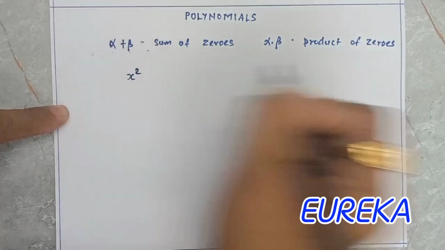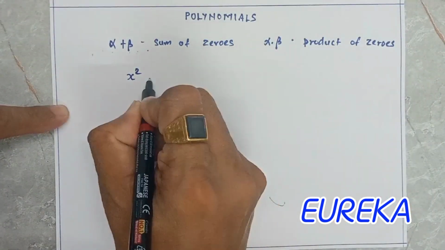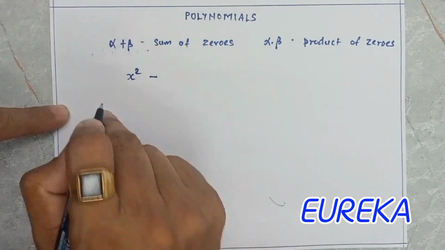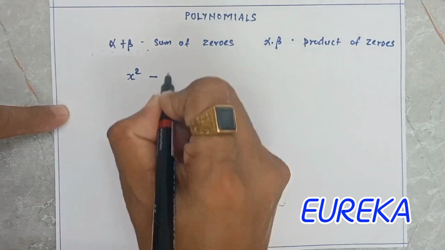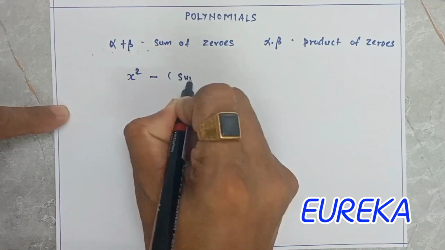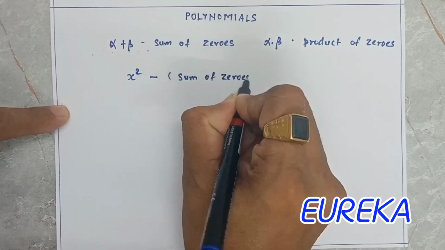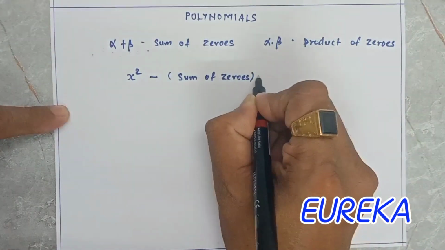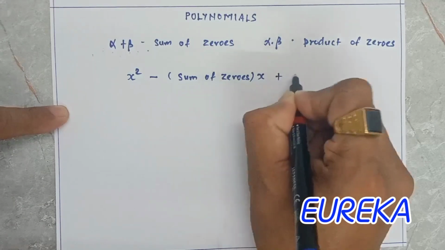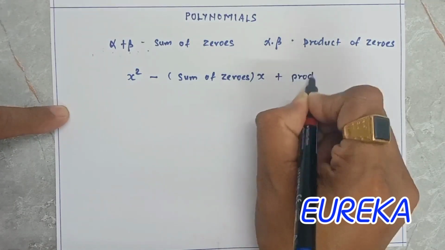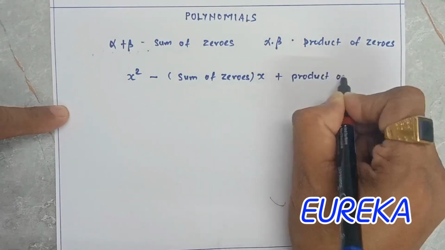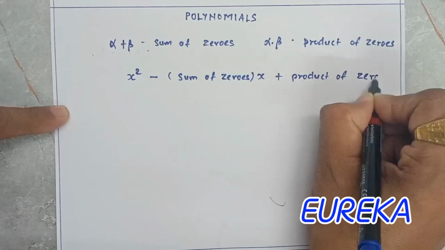x square, because it is quadratic, minus, listen very carefully, x square minus sum of zeros into x plus product of zeros.